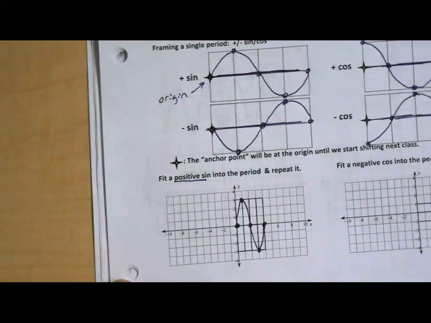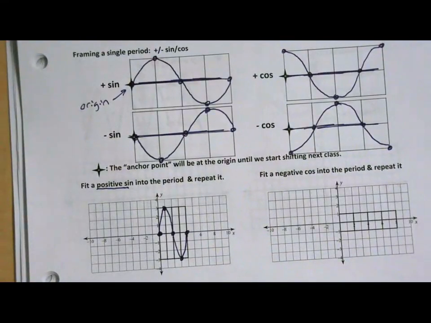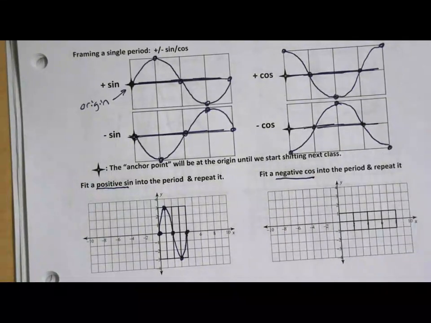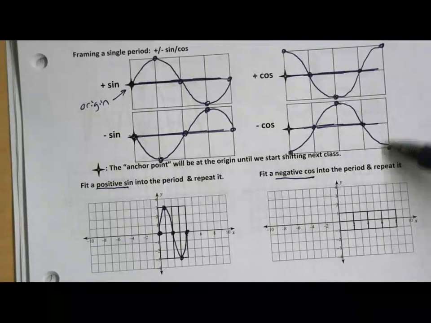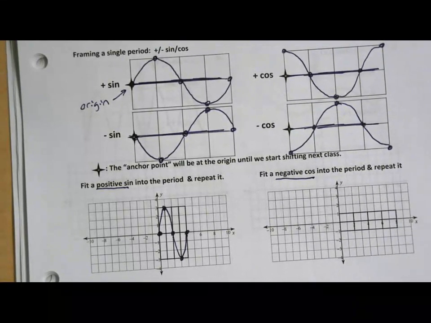See if you can do the same thing in the next one, but this time I would like a negative cosine. So I need you to fit this pattern of key points onto this grid. This grid's a little bit wider, it's a little bit shorter.